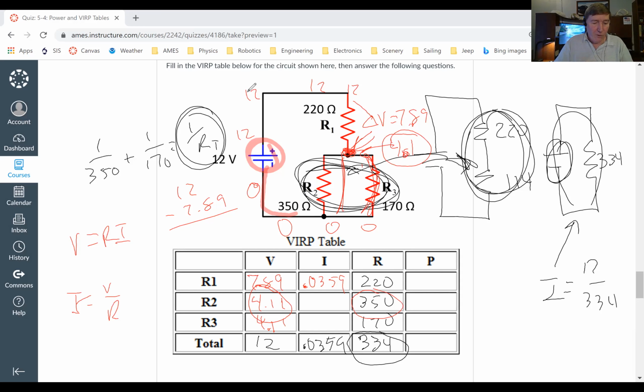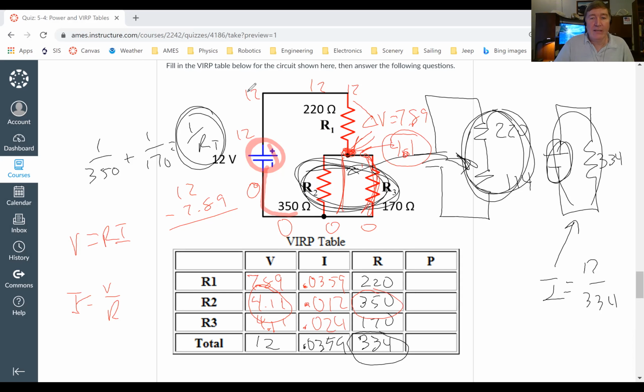So if I do 4.11 divided by 350, so that tells me that the current here is going to be 0.012. And if I do 4.11 divided by 170, that tells me the current here is 0.024.